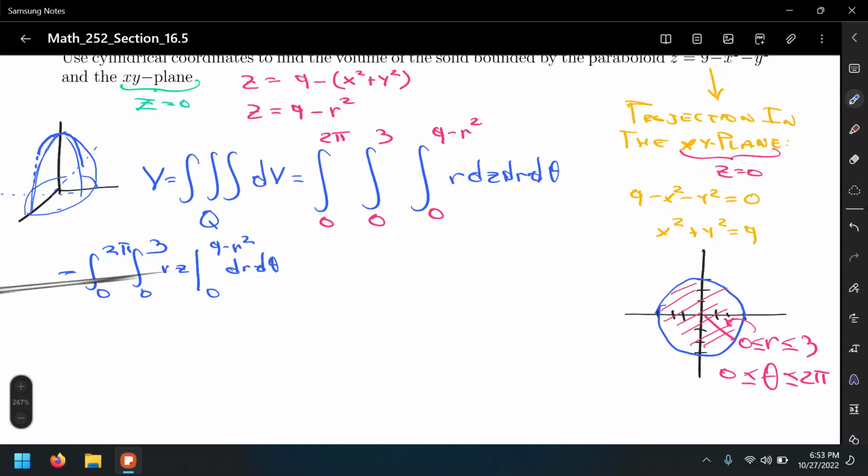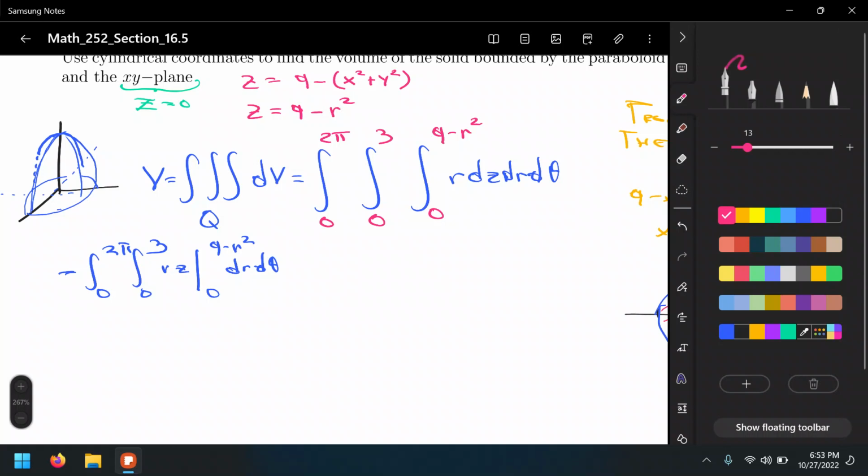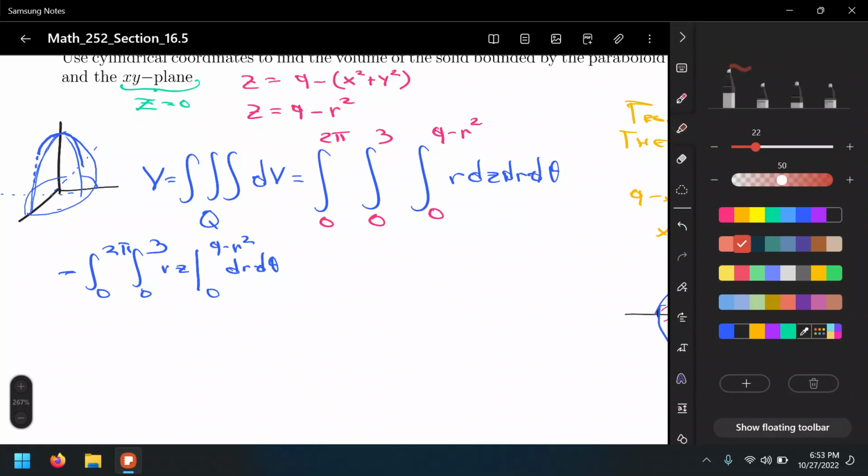Well, recall in this case we obtain a two-variable function in our integrand. So these limits, 9 minus r squared and 0, should be evaluated only in z, not in every single variable.